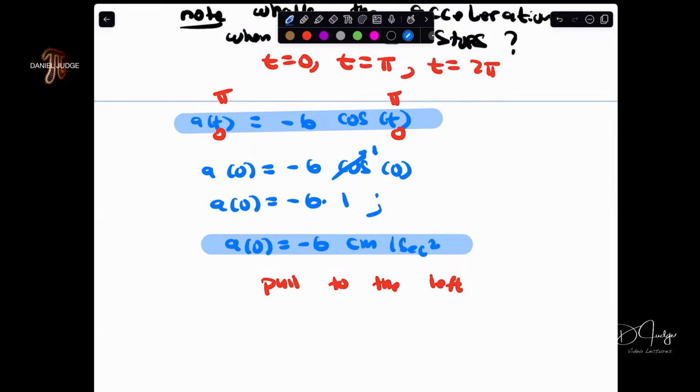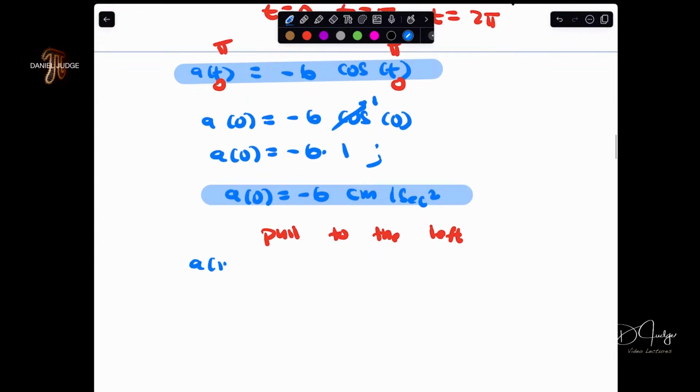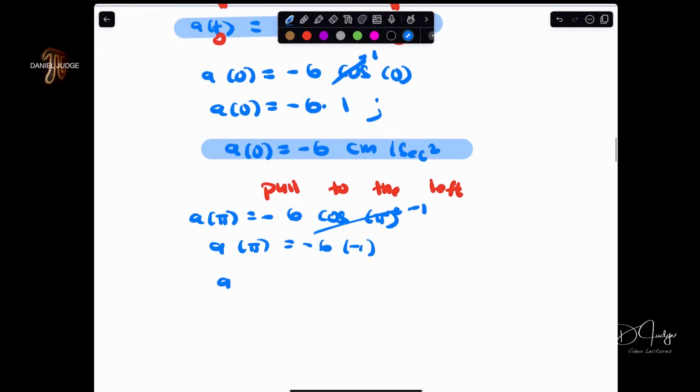Well, you can just answer now, acceleration at pi is negative 6 cosine pi. Cosine of pi now we know is negative 1. Think of the graph, that helps me. Negative times negative is going to be a what? Positive, and that's centimeters per second squared. So here's your acceleration. It's positive, so you're going to be pulled to the right.